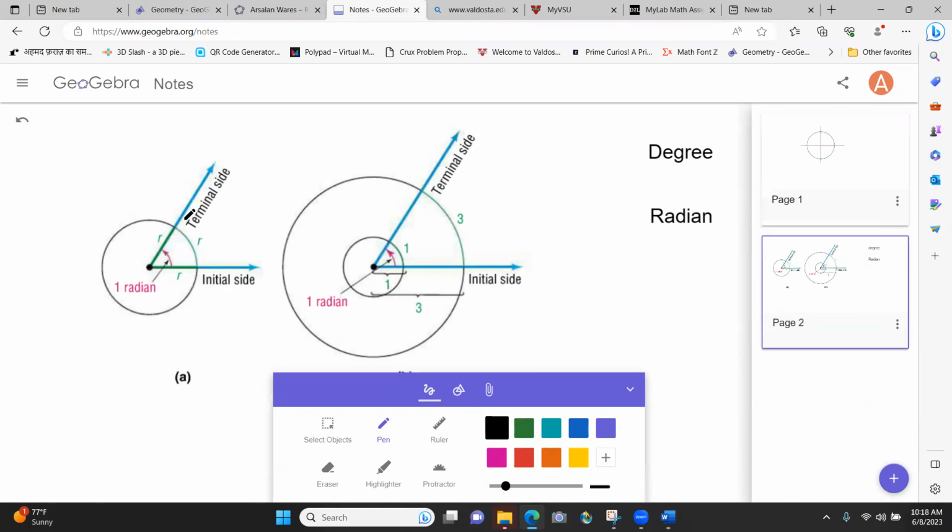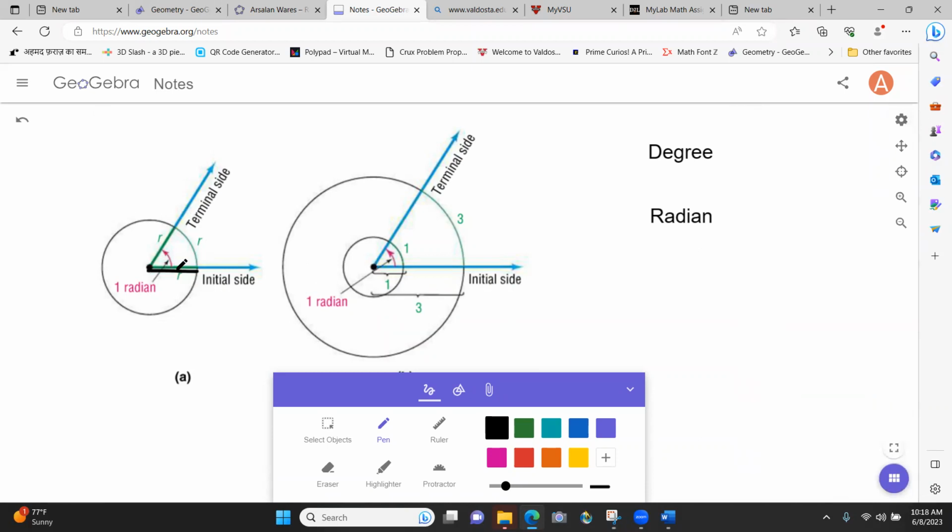All right, so suppose you have a circle here, and your radius is r, and you move so that this length on your circle is also r. It's a little hard to visualize, guys. If you can do that, this angle is 1 radian. That's the definition of radian.